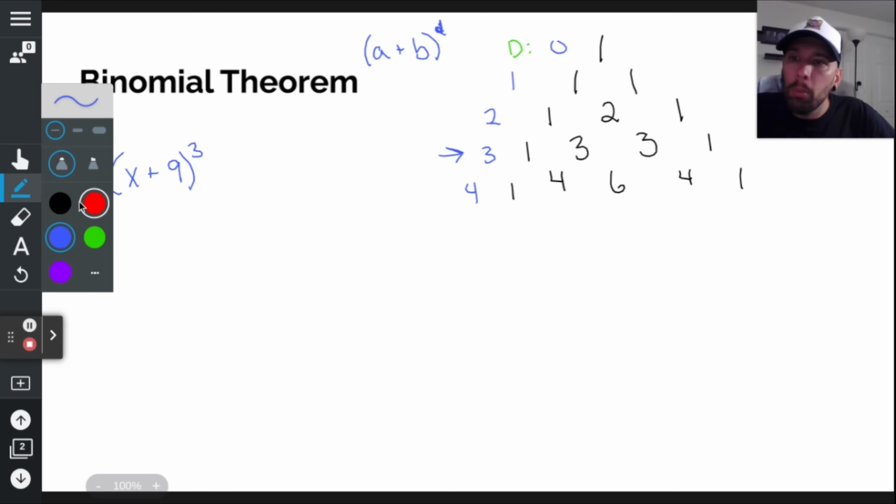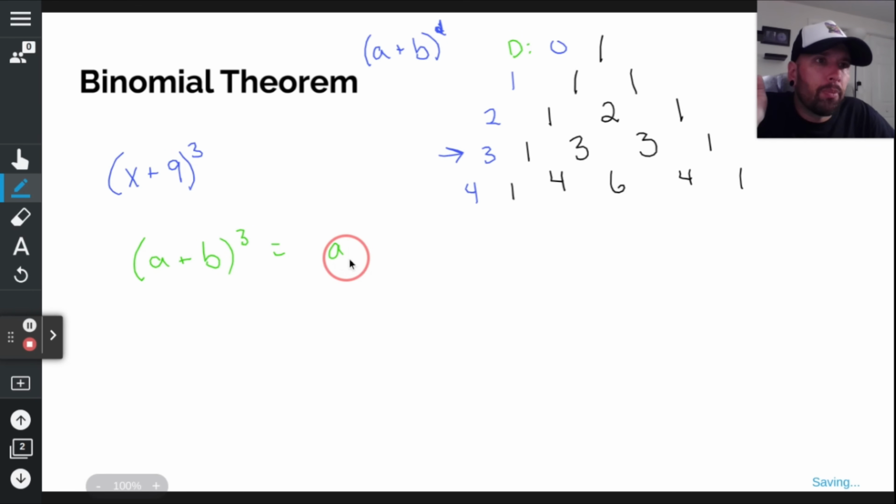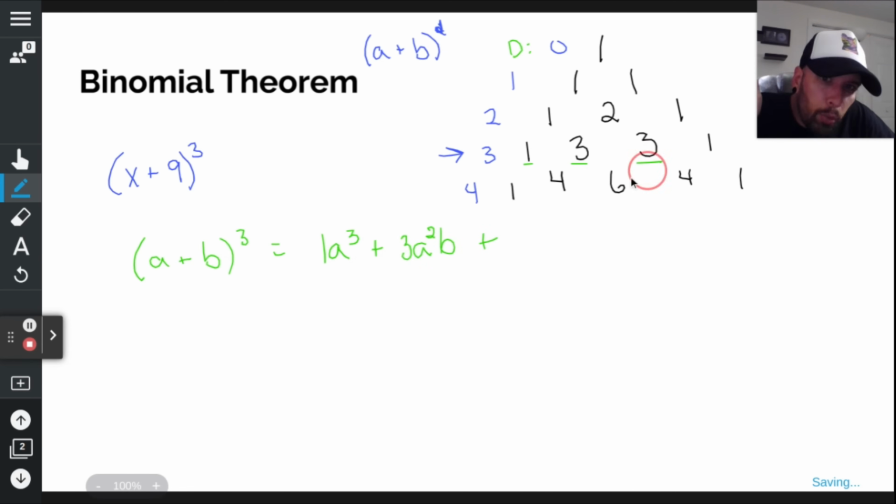Now, the binomial theorem states that for a plus b to the third, what you're going to write out is, invisible 1, a to the third, plus 3 a squared b, see what we're doing, plus 3 a b squared, plus 1 b cubed.